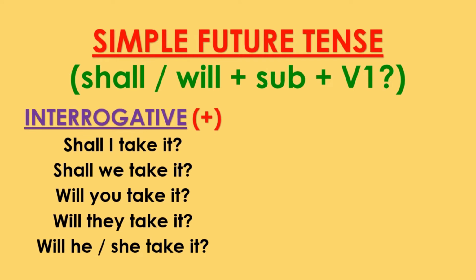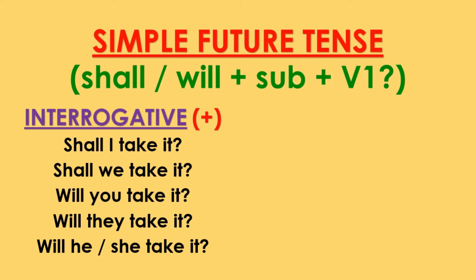Shall I take it? Now students, you can easily understand that there is practically no change. Only the auxiliary verb has gone before. Therefore, shall I take it? Shall we take it? Will you take it? Will they take it? And finally, in third person singular number, it will be will he or she take it?